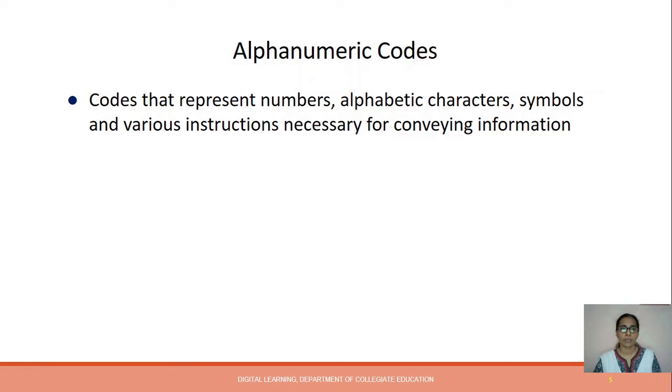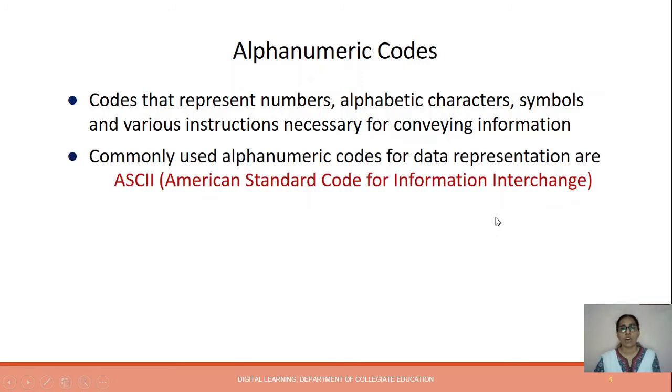Alphanumeric codes. These are the codes that represent numbers, alphabetic characters, symbols and various instructions necessary for conveying information. Commonly used alphanumeric codes for data representation are ASCII and EBCDIC.